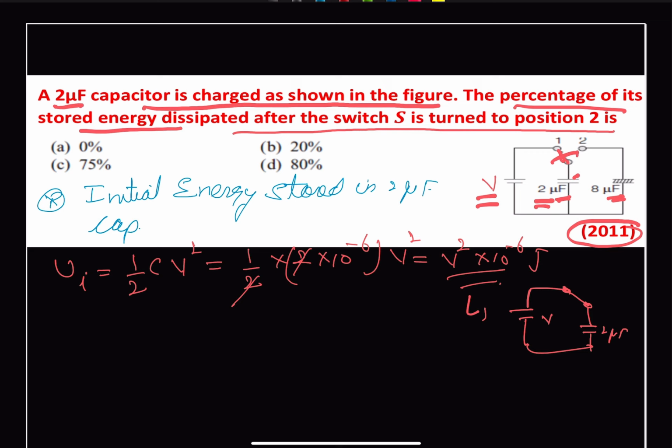So the initial charge Qi will be equal to C multiplied by V, and this comes as 2V into 10 to the power minus 6 coulombs.